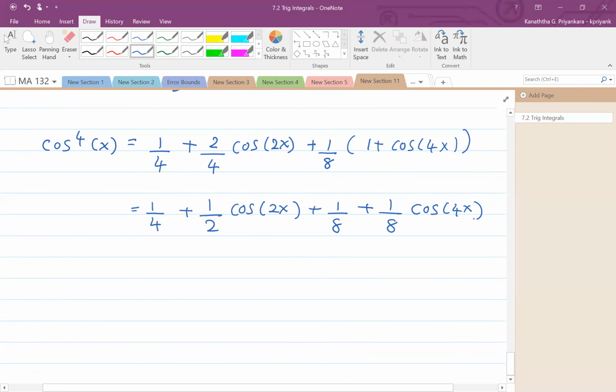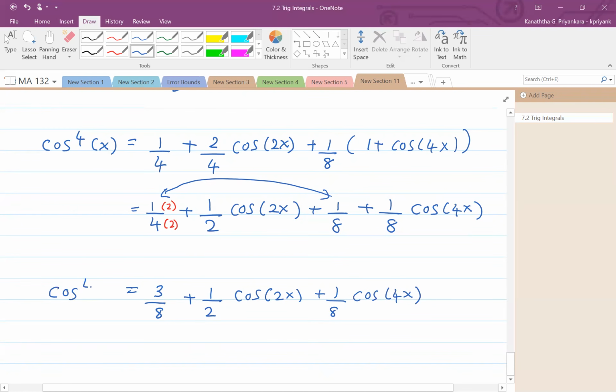Now we can add these two terms, so let's make the common denominator. I'm going to multiply by 2 and divide by 2. So we get 2/8 plus 1/8, that is 3/8, plus 1/2 cosine 2x plus 1/8 cosine 4x. So that would be an expression for cosine to the power 4 x.